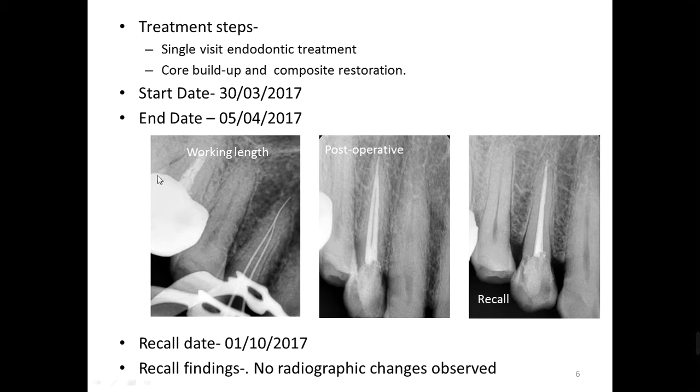The validity of this case is that when you use an apex locator with a lot of precision, the patient is ready for a good treatment, and you believe in your own skill, you can achieve good success. It was a single visit case, but the patient wanted some time so that he could come for a restoration. The restoration was done almost after 3-4 days, and the patient was recalled in 6 months.